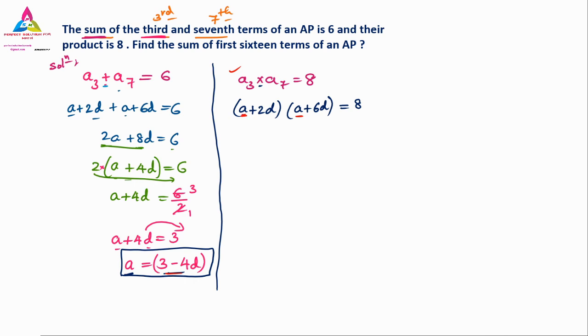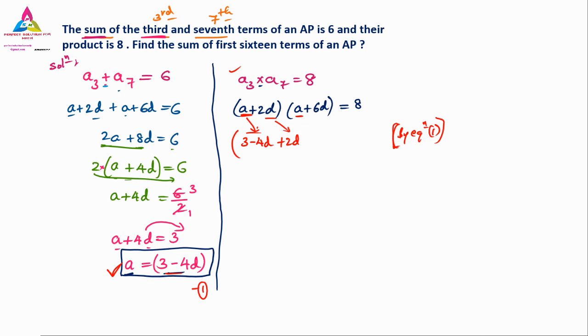So instead of this A, I write 3 minus 4D plus 2D. This 2D I have written directly. This A I have written as 3 minus 4D because this one is found by equation 1. So in bracket I can write down here by equation 1.